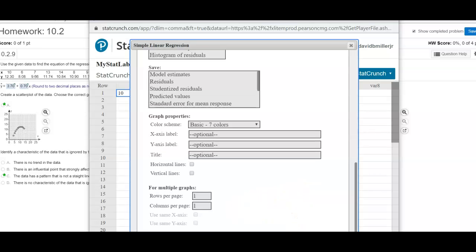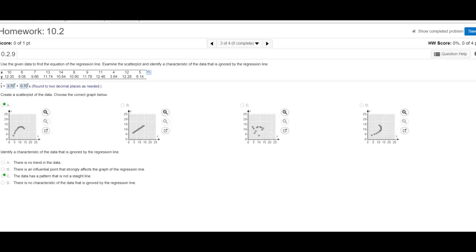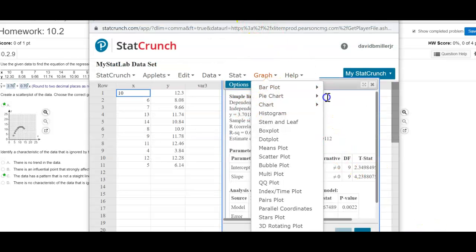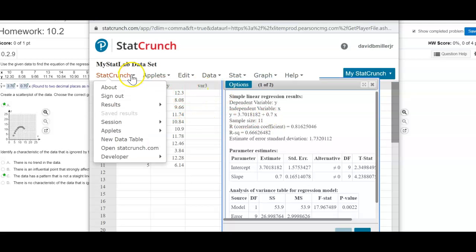And we'll just let it go here. And you can see that you get negative 0.37 plus 0.7x. That's done. You can also see the R value, 0.816, with the sample size of 11. We don't need that on this question, but there it is.